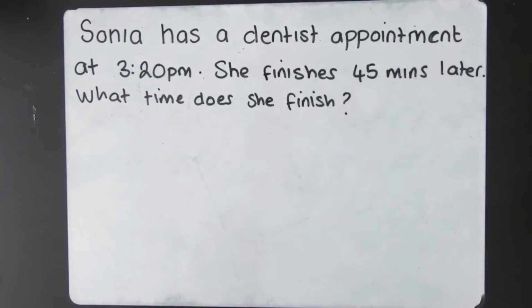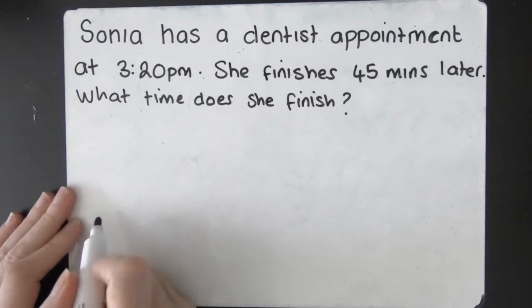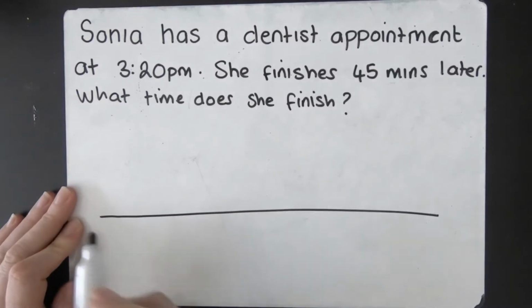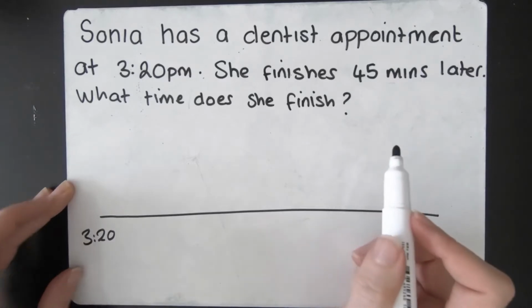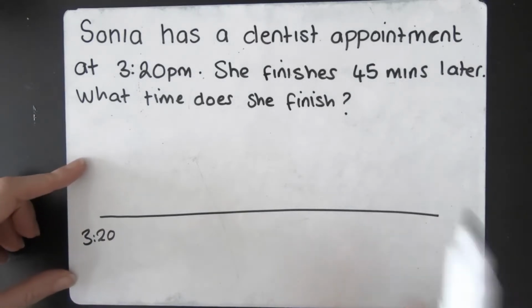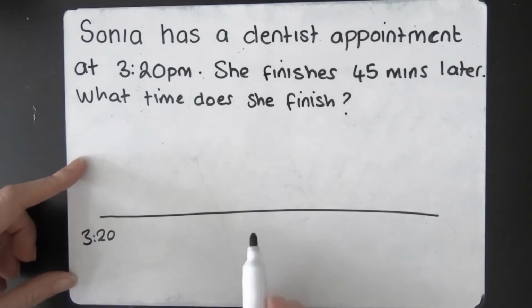But if you're not sure about that, you can always do it on a number line. So, we have 3:20. And we have to go 45 minutes later. So we could take it very slowly.